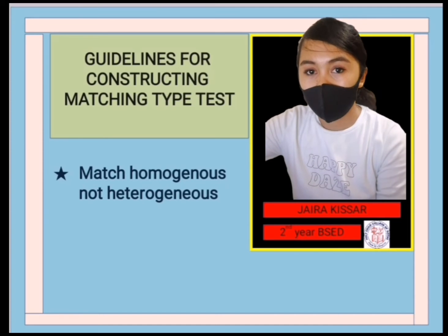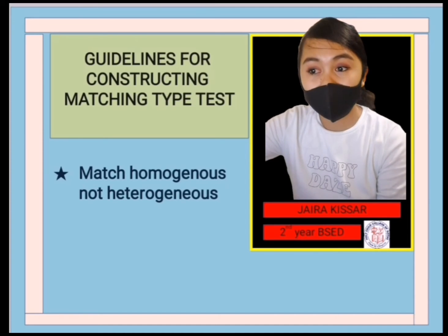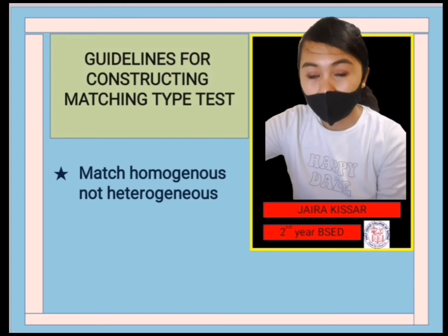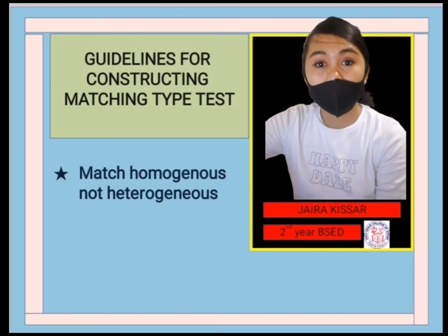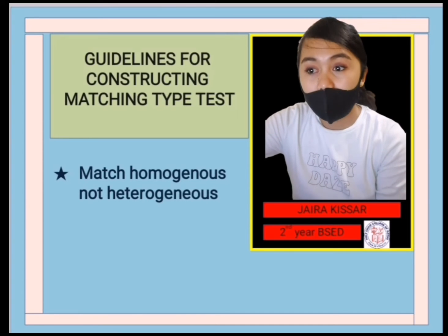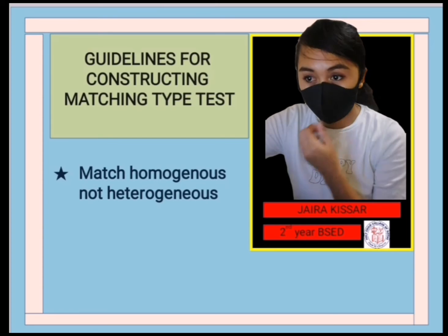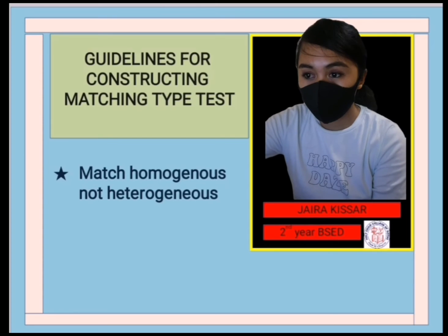For example, homogeneous items are all about Filipino heroes, nothing more. Match column A to column B. Column A consists of Filipino heroes, and column B consists of the answers, the options.